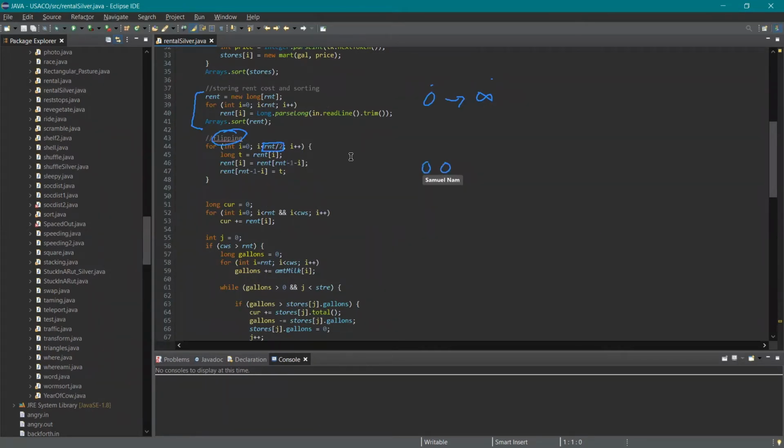So for example, 1, 2, 5, 8, 10. If 1 was over here and 8 was over there, 2, 5, 10. Oh, my bad. Let me get the eraser real quick.